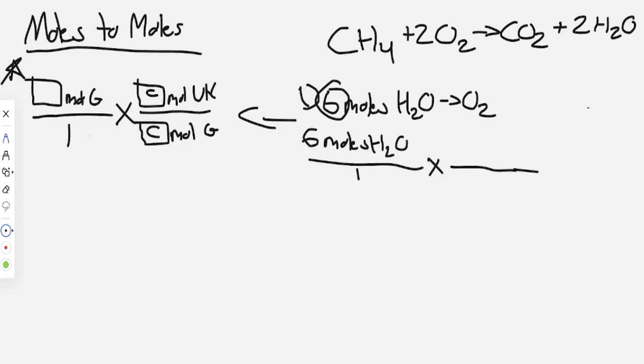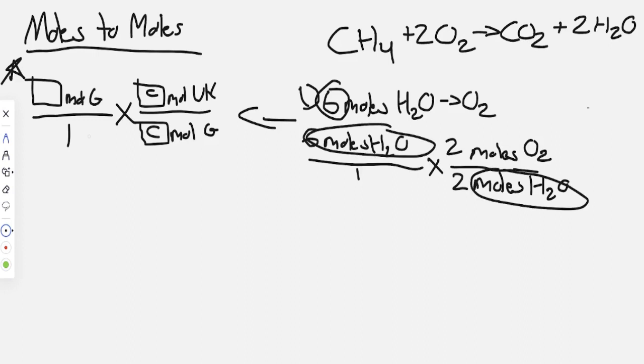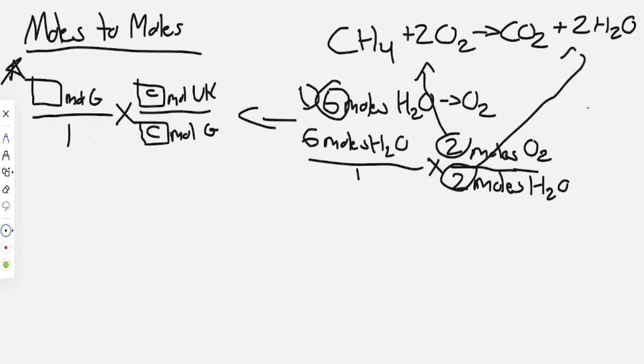So we would put 2 moles of H2O on the bottom, and then 2 moles of O2. We get the coefficients from the equation itself, and if there's not a number there, then you can put the coefficient as 1.